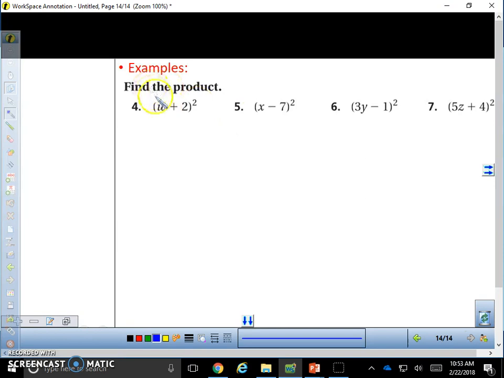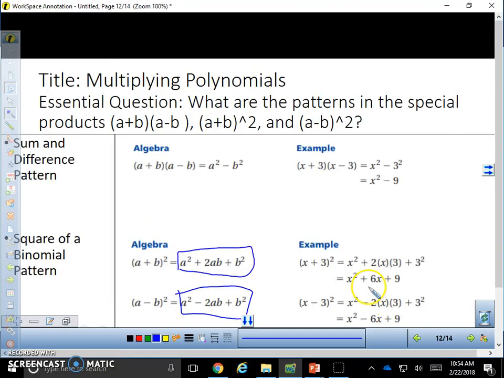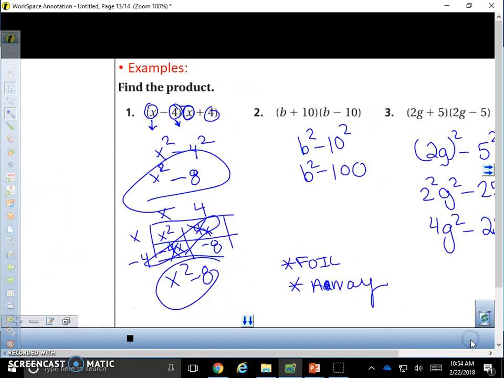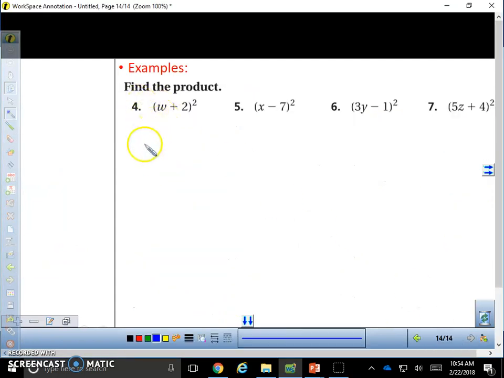So, this one says plus. That means we're going to have, I'm going to write this down, a squared plus 2ab plus b squared. A squared, w squared, plus 2w times 2 plus b squared, 2 squared.